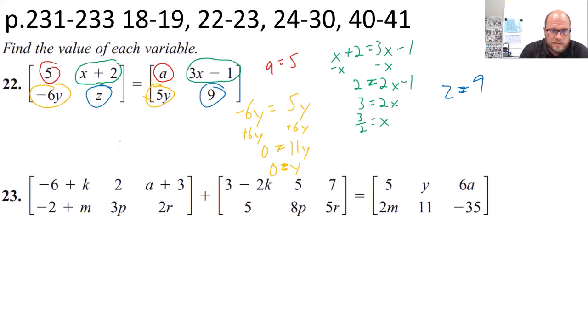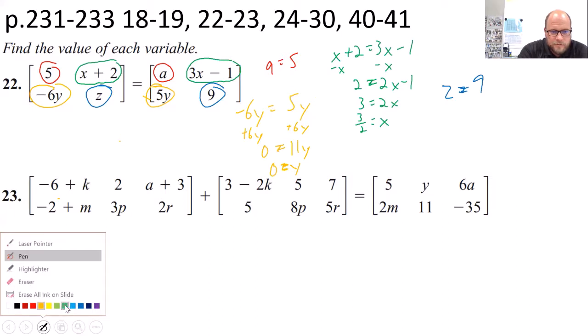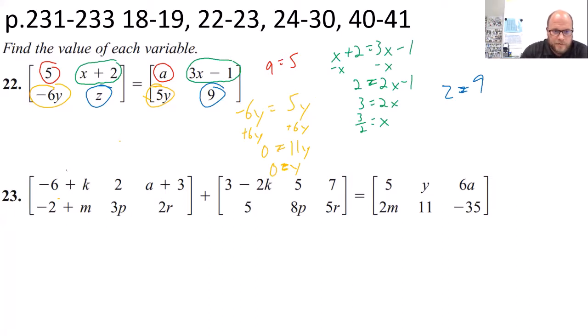So this one here plus this one here equals this one here. The top left in all these are the ones that go together.